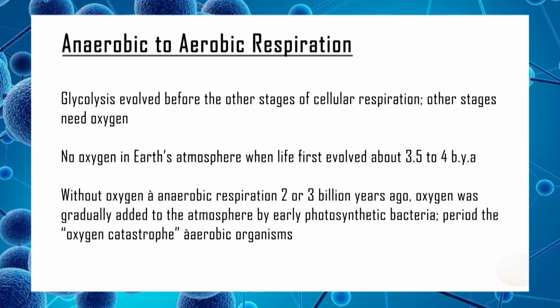There was no oxygen in Earth's atmosphere when life first evolved, about 3.5 to 4 billion years ago, and without oxygen, respiration was anaerobic. About 2 to 3 billion years ago, oxygen was gradually added to the atmosphere by early photosynthetic bacteria. This period, the oxygen catastrophe, led to aerobic organisms.